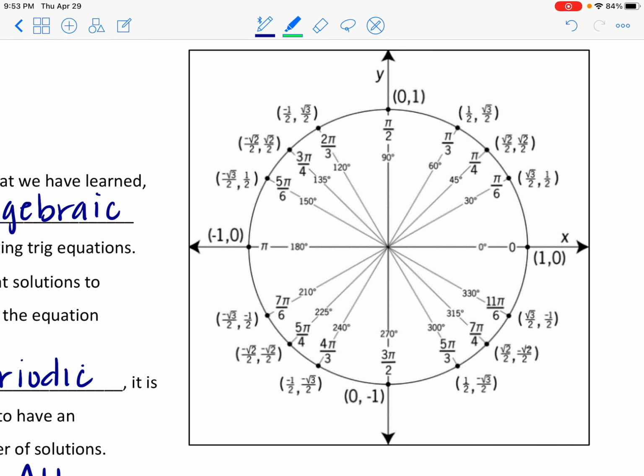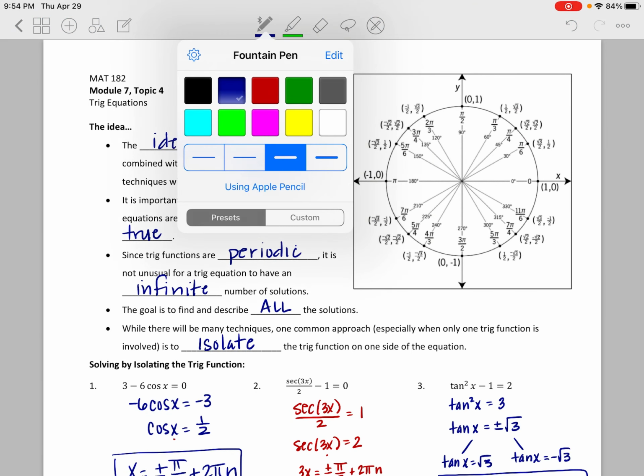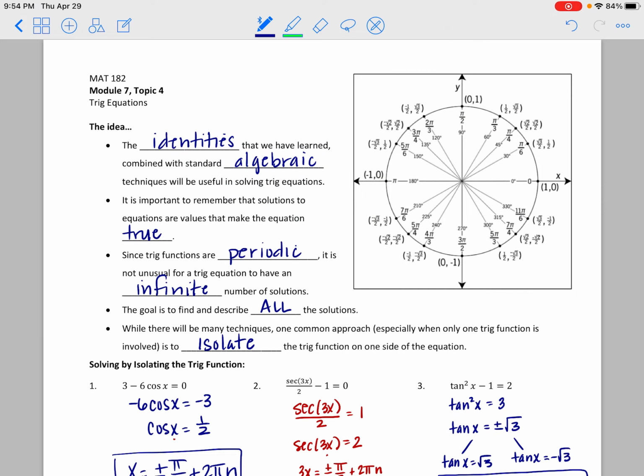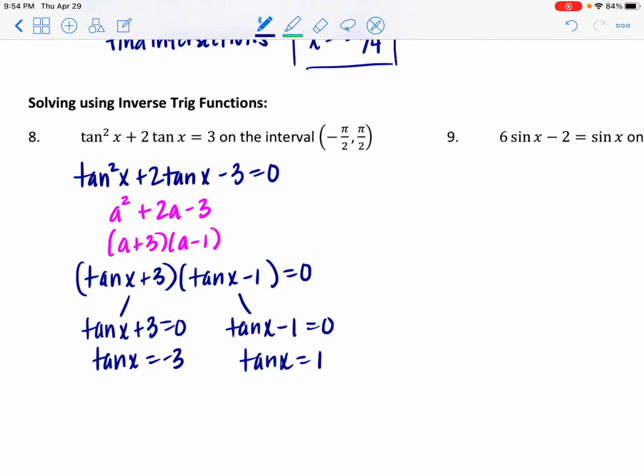So if we were to find tangents in any of these spots, we get 1's here, we get radical 3's in these, y over x, this would be undefined, and this would be 0. So 0 or 1 or undefined or radical 3's, but nothing that's just going to be a 3 or a -3. So that's not going to be an exact place on our unit circle, which means that is the perfect place to just use the inverse tangent.